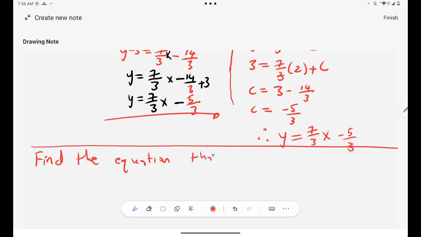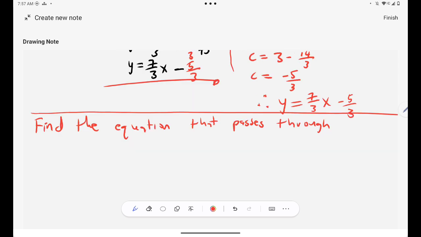Find the equation that passes through point A, which is 2 and 4, and then B, we'll say B is negative 4 and 8. Pause the video and then find the equation.